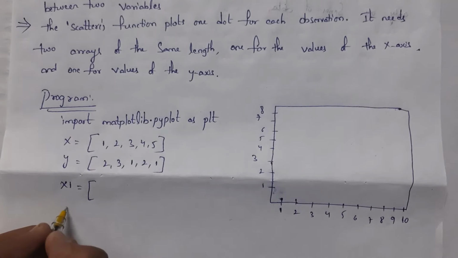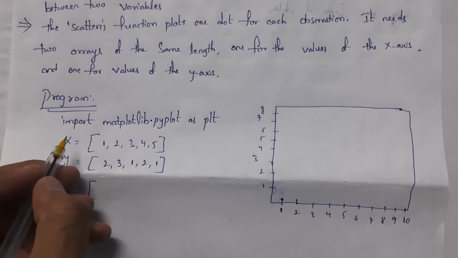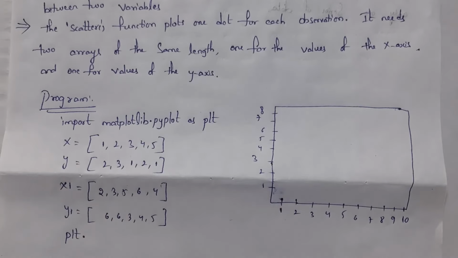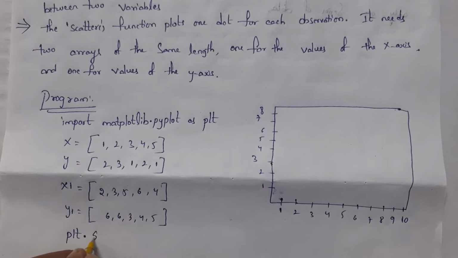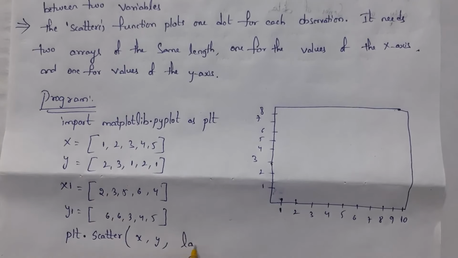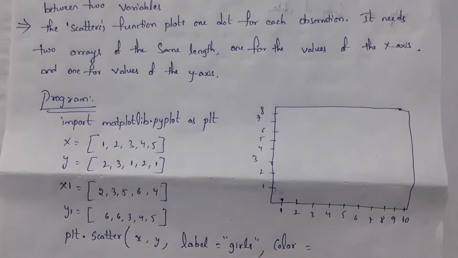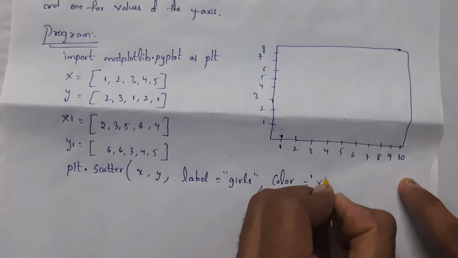And next take x1 and y1, where this x-axis and y-axis represent girls and whereas this x1 and y1 represent boys. Next write plt, which is module name, dot scatter function, scatter of x comma y comma label is nothing but text, that is for girls, comma color equal to red color, so r in quotations.